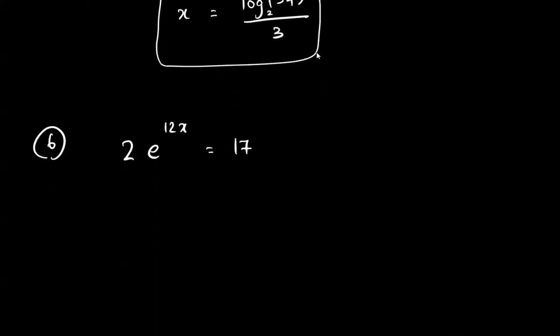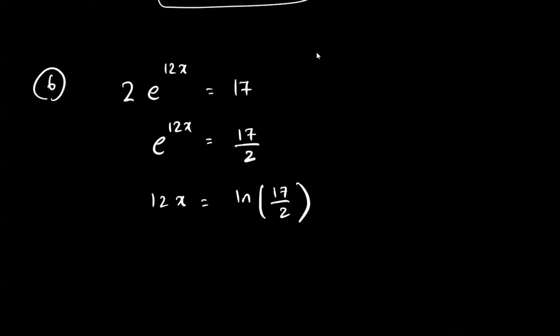Okay. The first thing I do is get rid of the 2, divide both sides by 2. Then I convert into the logarithmic form, okay, which can be written as ln 17 minus ln 2 if it helps you.